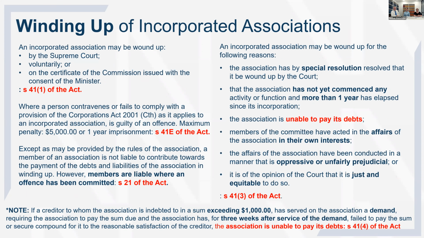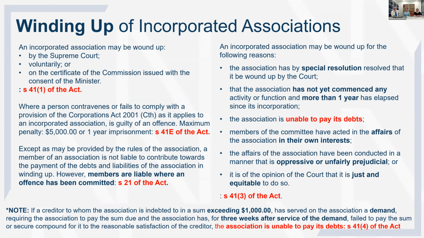Then there's the next category, which is if they've conducted it in a manner that is oppressive or unfairly prejudicial. That would really fall into the category potentially where they have tried to remove a member without being in accordance with the rules of the association, or tried to, for some ulterior purpose, as is the case under the Corporations Act.